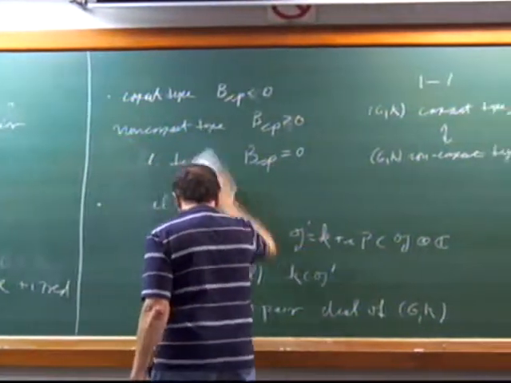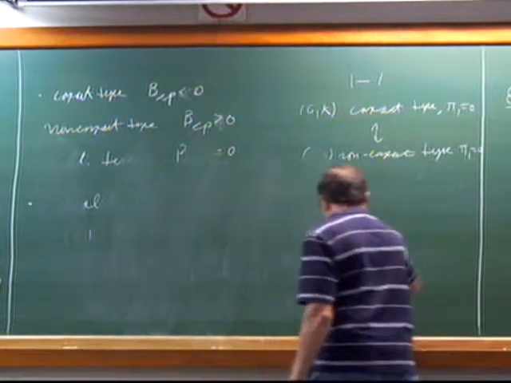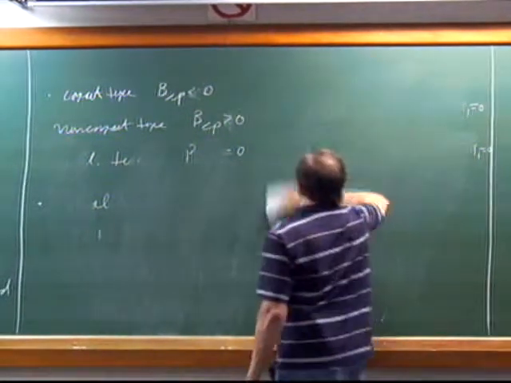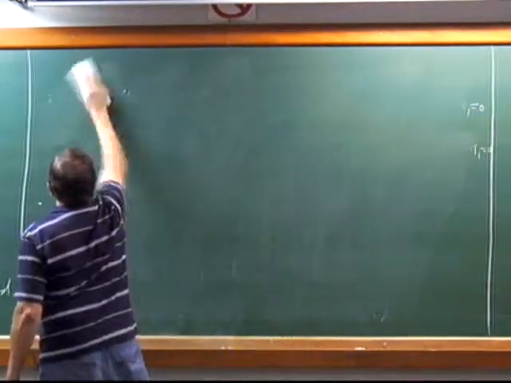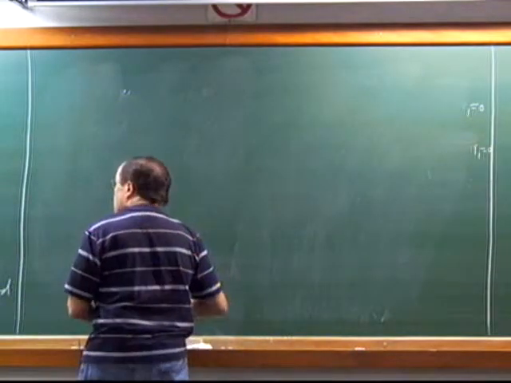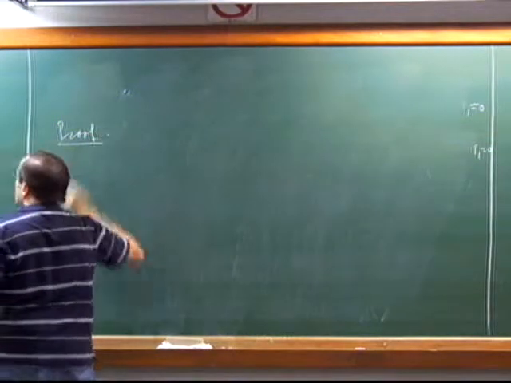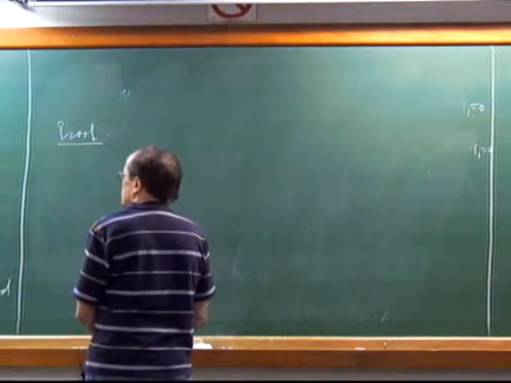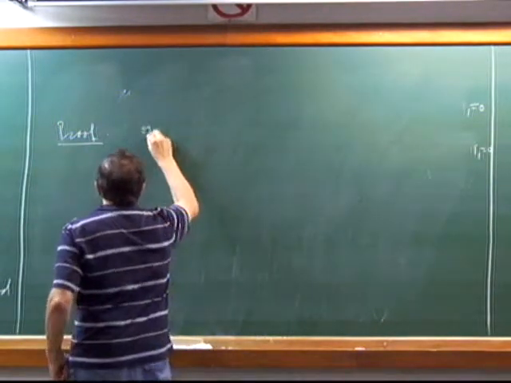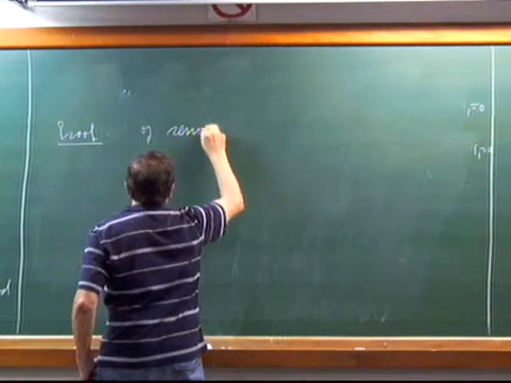Okay, let's prove this. That's certainly an important result. Let's take our symmetric pair G, K. The Lie algebra G is semi-simple.